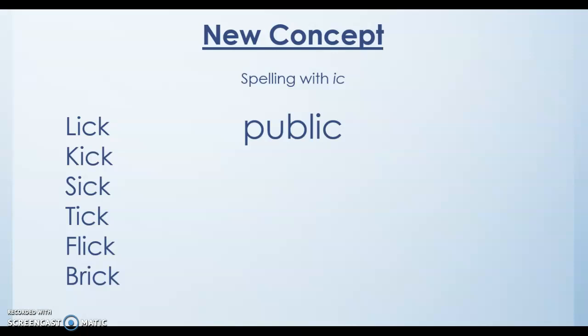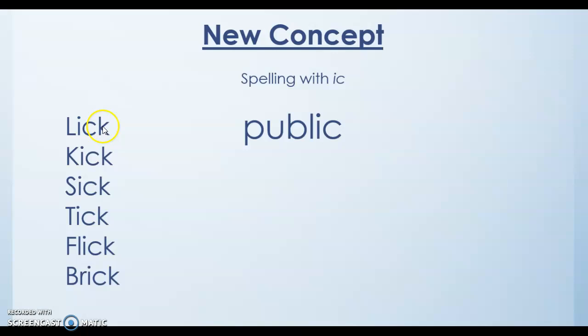Now, the tricky part about this is that if you were to look at these two words, let's take lick as an example. If you looked at lick and public, maybe you noticed the difference between these two words. Say it out loud. Lick, public. The K sound at the end sounds the same.